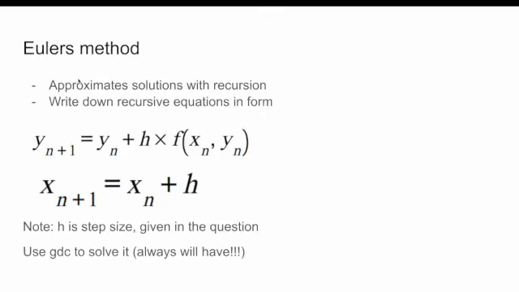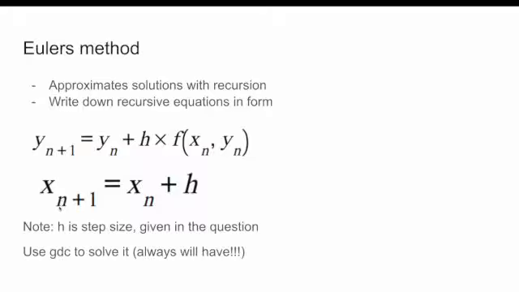So first is Euler's method. This is a numerical way to solve it, and it's just an approximation. It's not an actual solution. So we recursively approximate solutions here, and it's almost always done entirely on the calculator. To do this, you first write down recursive equations in the form yn plus 1 equals yn plus h times f of xn comma yn, and xn plus 1 equals xn plus h.